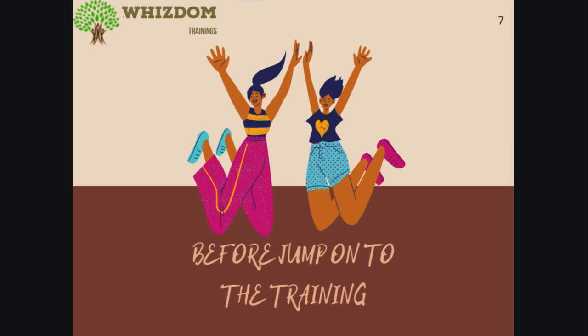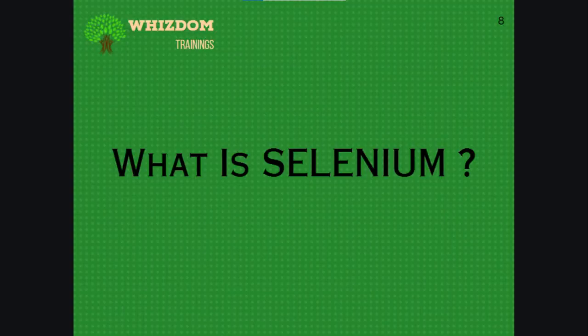Before we jump onto training, let us take a few questions which are being asked by many people. The first question: what is Selenium? It will be a very good question for an interview as well.